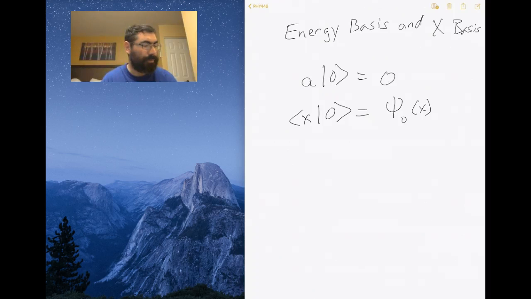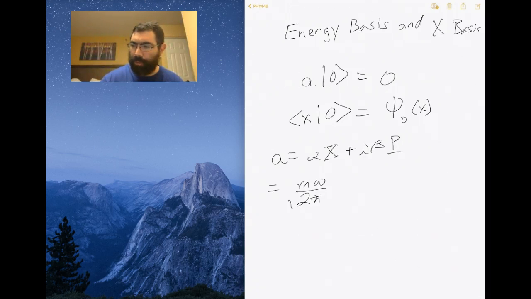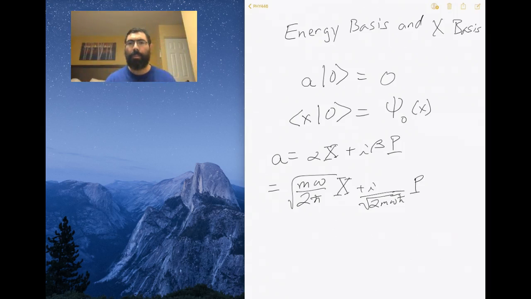So what we can do is write our lowering operator as alpha times the position operator plus i beta times the momentum operator, or if we put in what the terms are, square root of m omega over 2 h bar times position plus i divided by the square root of 2m omega h bar times the momentum operator.